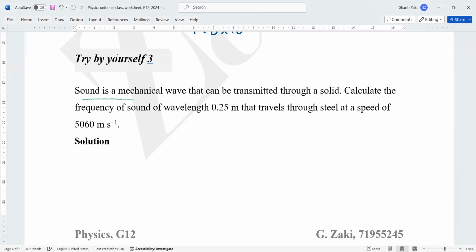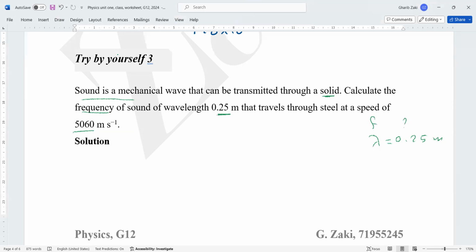Sound is a mechanical wave that can be transmitted through a solid. Calculate the frequency, so we need f, of a wave with wavelength lambda equals 0.25 meter that travels through steel at a speed. This is the speed of sound in a solid.